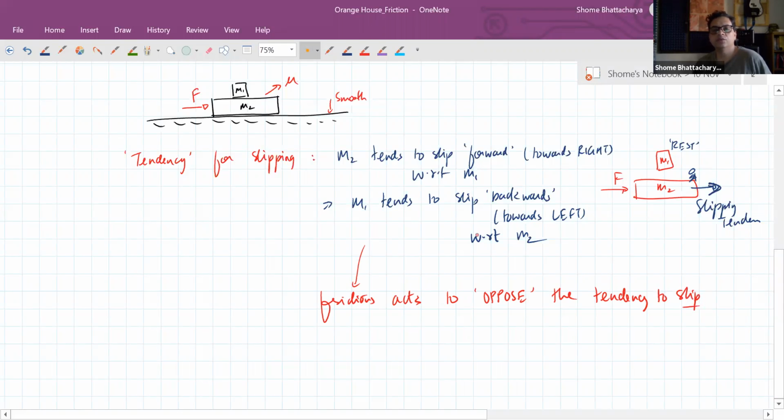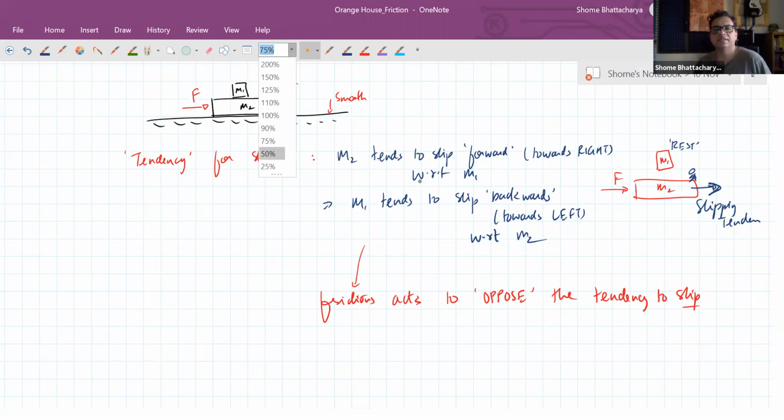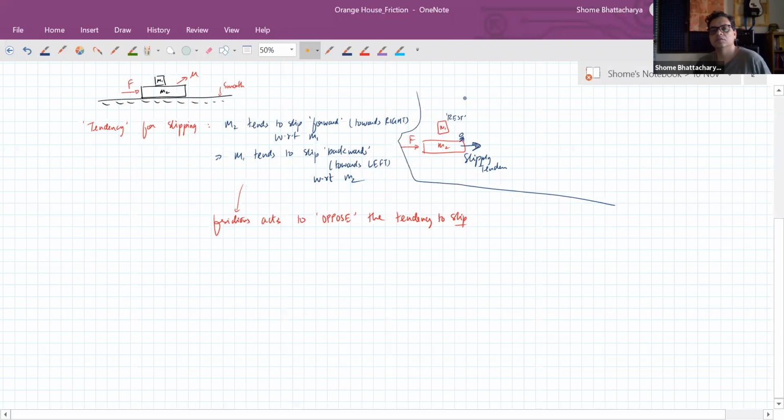So in reality, what will happen is that the moment we apply the actual FBD, this was just the tendency to slip. But in reality, there might not be any slipping actually, because friction is able to prevent slipping. So the moment we apply this horizontal force on it, friction will act backwards on this because it has a tendency to slip forward, and equal and opposite friction will act forward on M1.